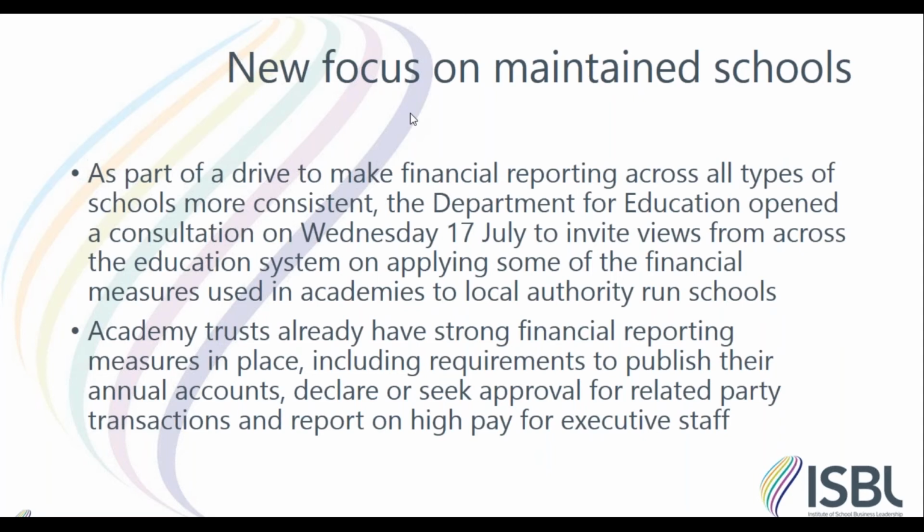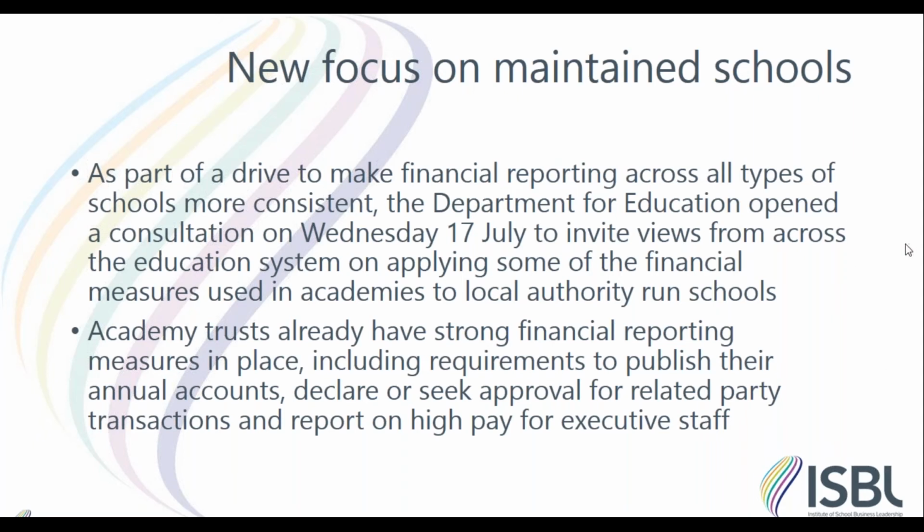So we've talked about academies, and we've talked about the level of scrutiny. I think it's clear that there are some robust requirements, and the assurance framework is pretty tight.